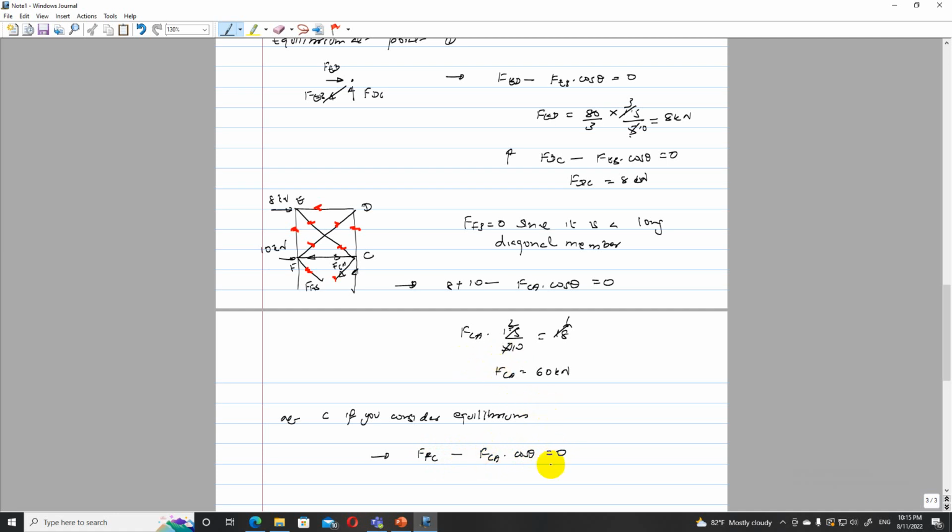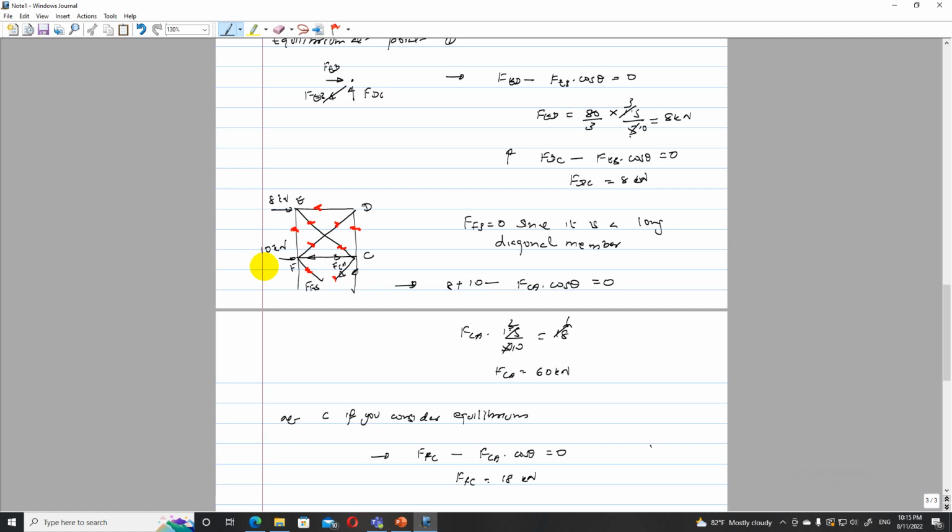So FCA cos theta is 18, so FC is 18 kilonewton. Okay, so it is 18 kilonewton. So here it is 18 kilonewton. FCA cos theta is 18 kilonewton. And that is balanced by FCF.